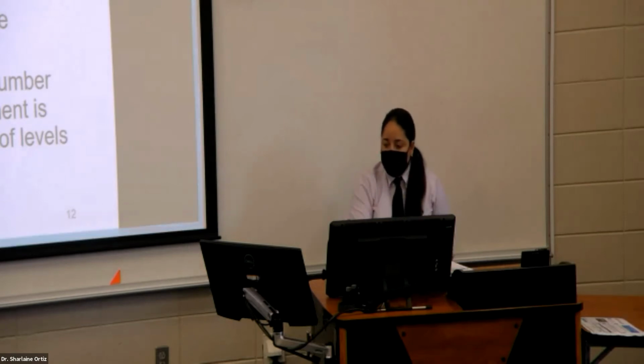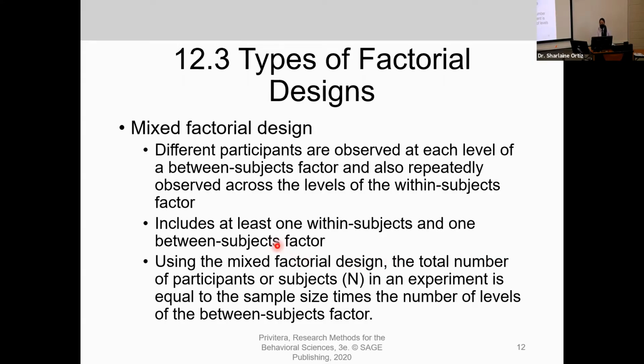Now, if we revert back to your slides, as I mentioned earlier, you are going to have at least one factor of the within subjects and the between subjects. But in keeping with our previous examples of how I calculate the total number of participants, in this specific case our sample, capital N, is going to be equal to the sample size times the number of levels of the between subjects factor.